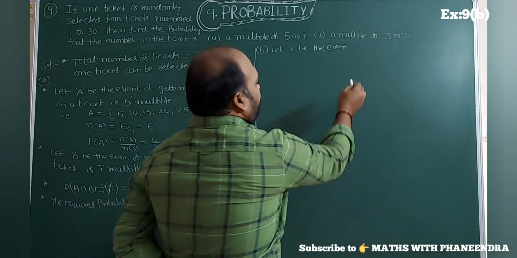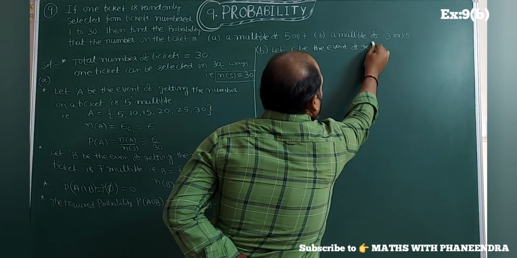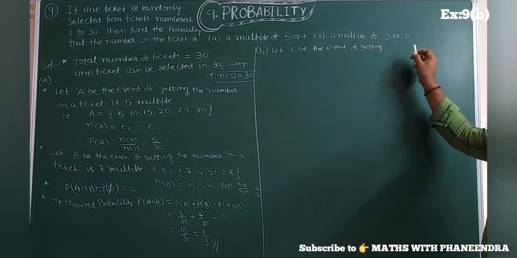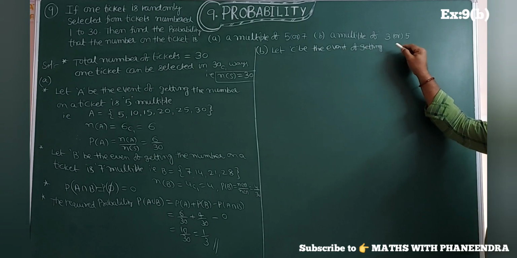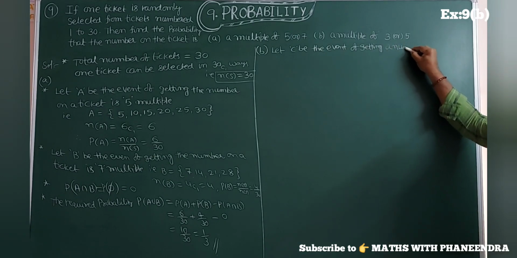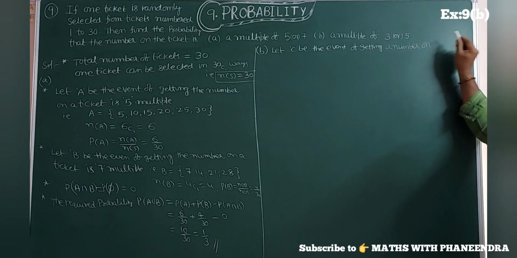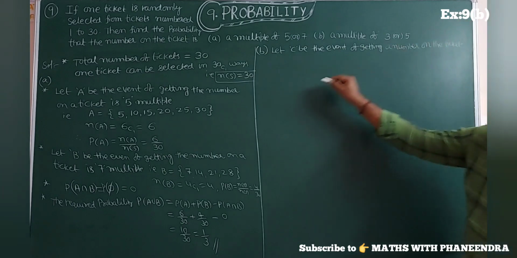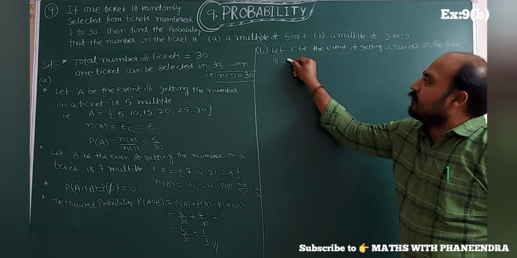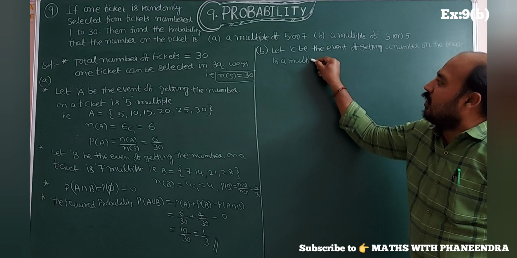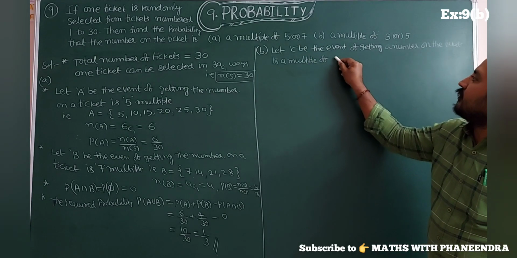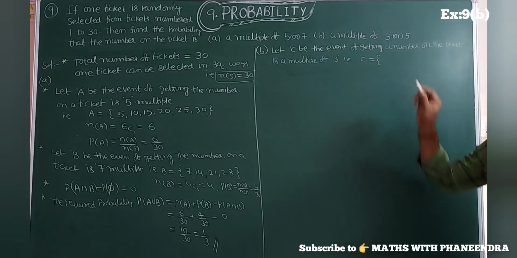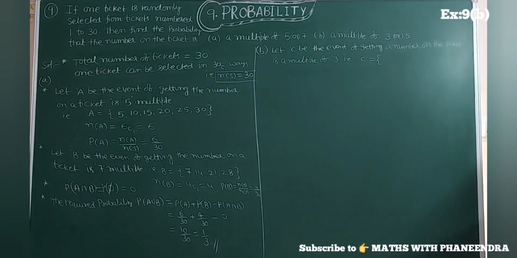of getting a number on the ticket is a multiple of 3. So that is C is equal to 3 multiples you have to write till 30.